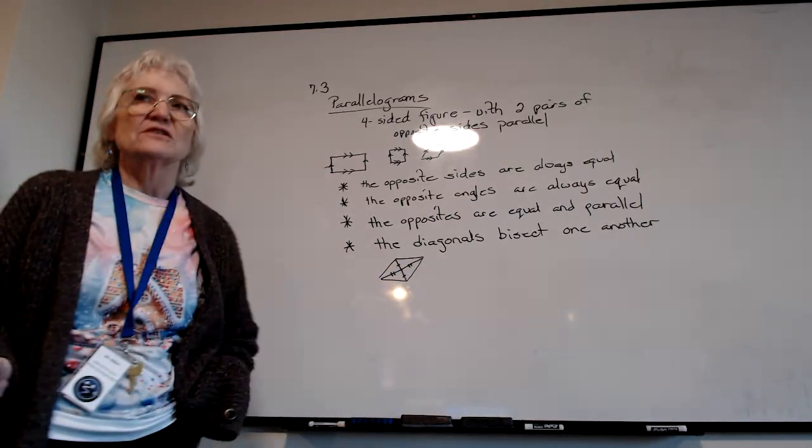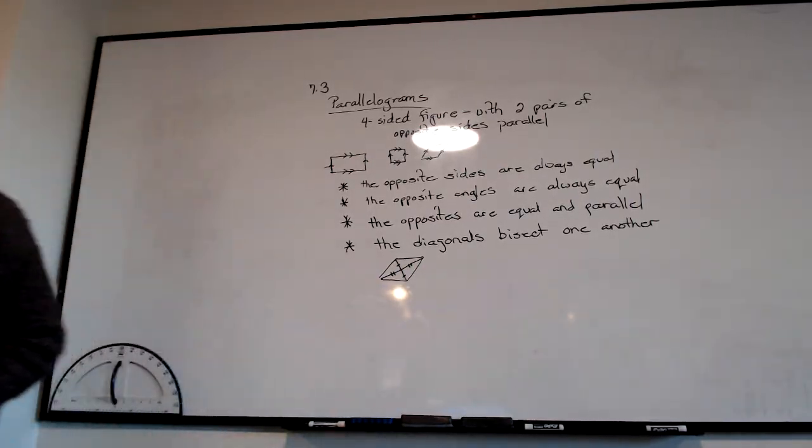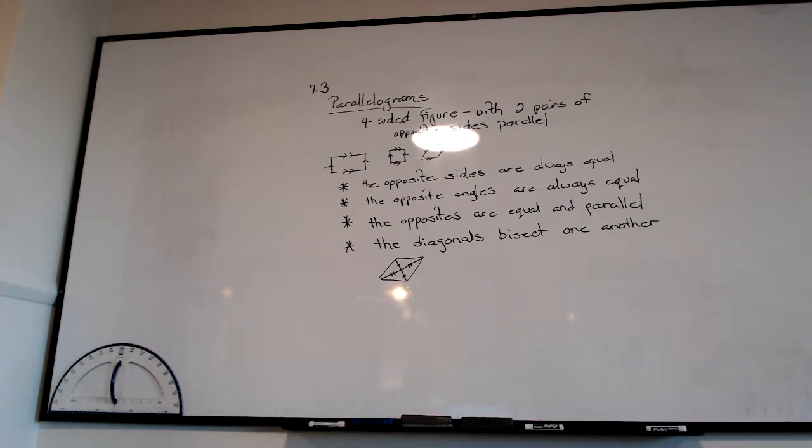They bisect each other. The diagonals, which are those lines that go from opposite vertices of the parallelogram to the other one, bisect each other. They don't necessarily form right angles.